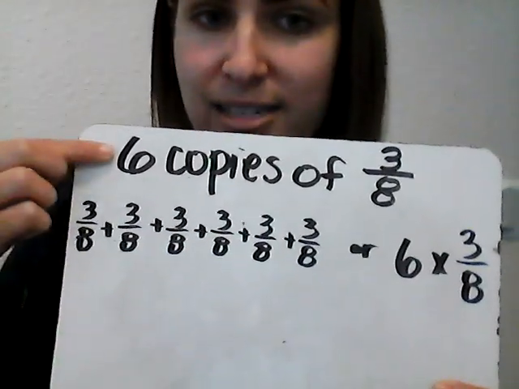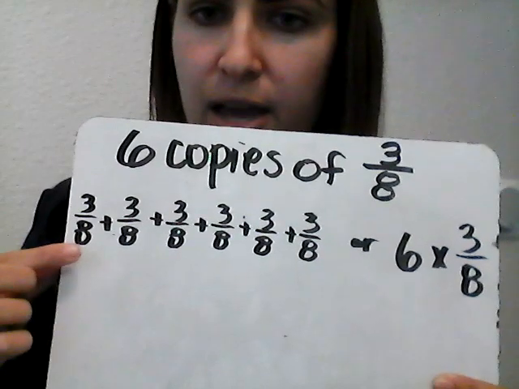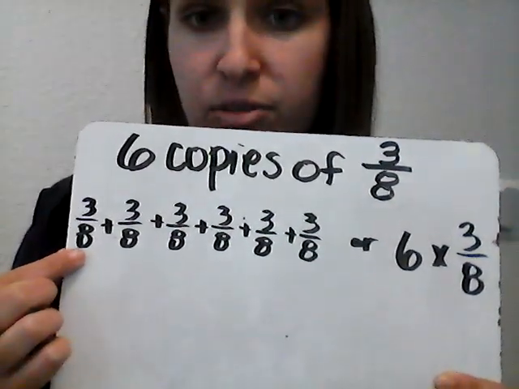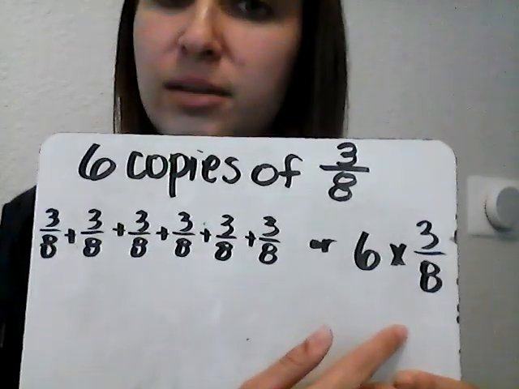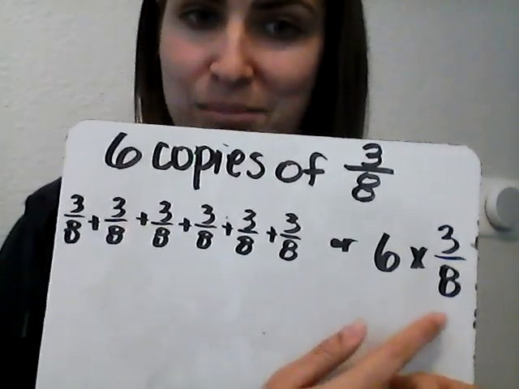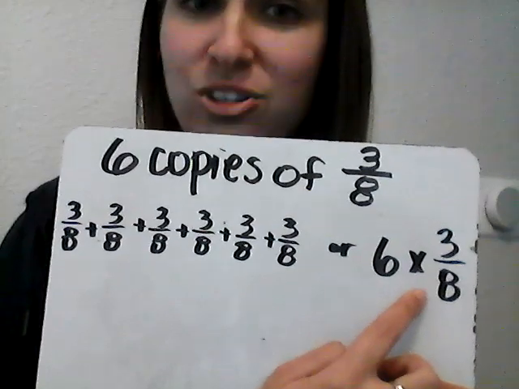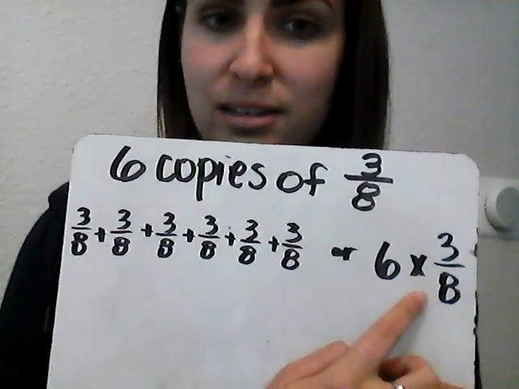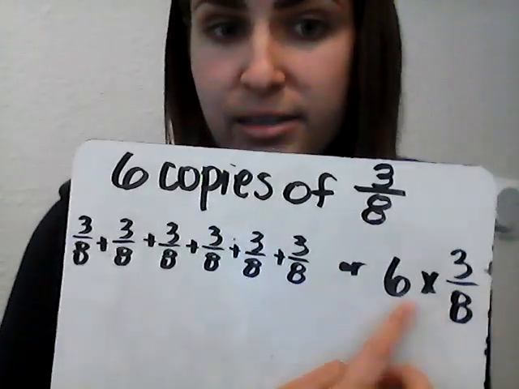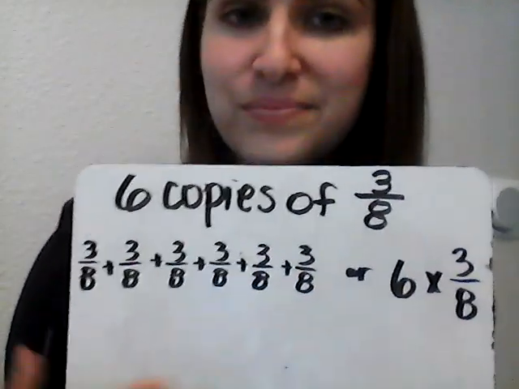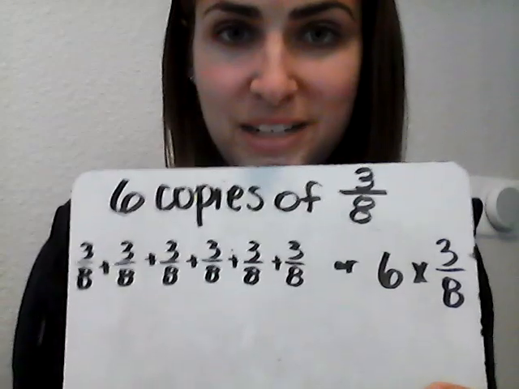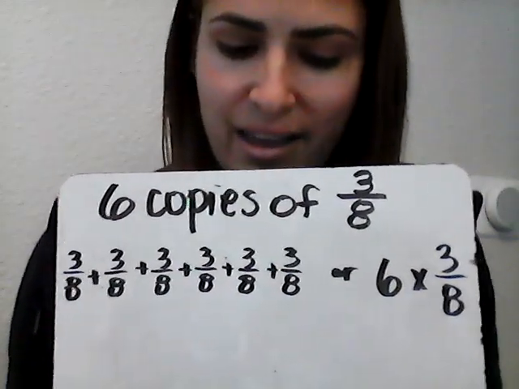Because we had 6 copies of 3/8, I added together 3/8 6 times. I also did a multiplication sentence, 6 times 3/8. The multiplication symbol, you could think of it as the word copies, 6 copies of 3/8, or 6 groups of 3/8. Again, yours might be different, and that's okay.